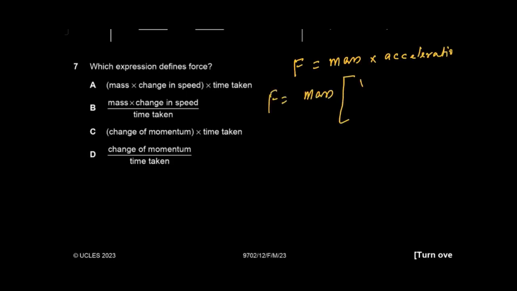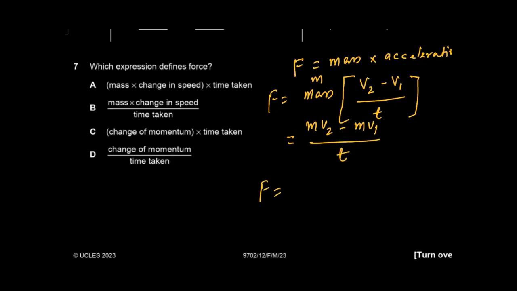So which expression defines force? We know that force is equal to mass times acceleration. So we can write force is equal to mass, and acceleration we can write as change in velocity. Let's say v2 is the final velocity and v1 is the initial velocity, with respect to time. So if the mass is m, we can write m v2 minus m v1 with respect to time.